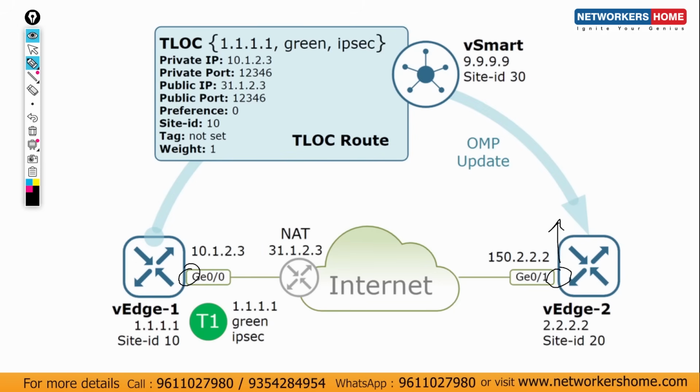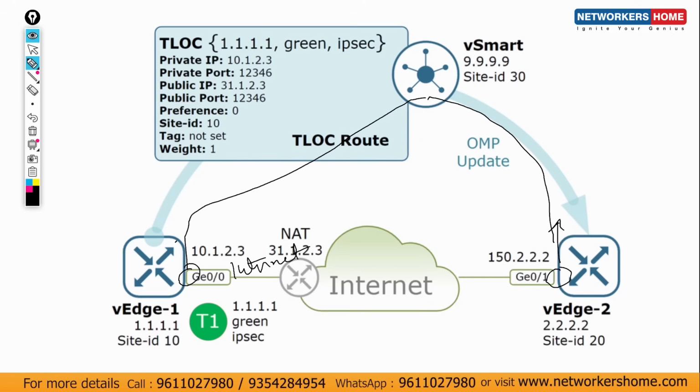So OMP is going to attach whatever information you are adding to it, and carry that information to vSmart, and when that information is sent to vSmart, he can make out whether you are using MPLS, or you are using internet here, etc., etc.